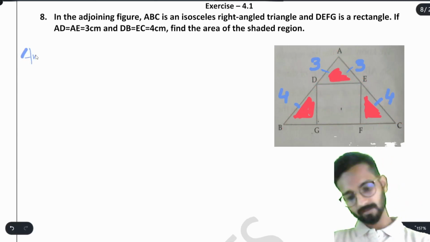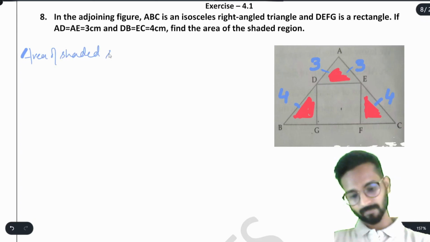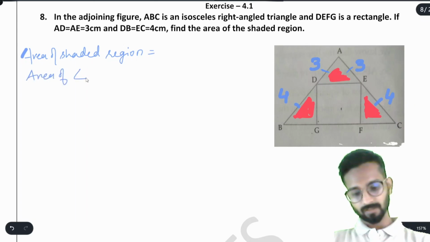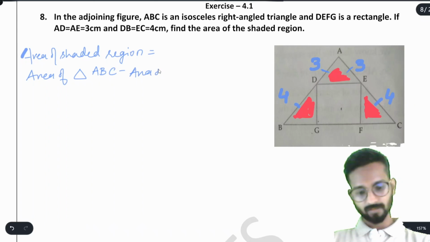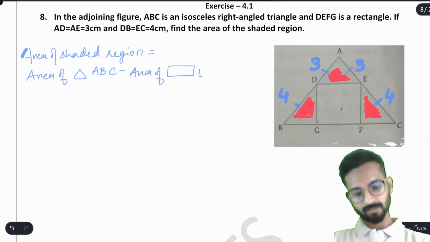So I can say area of shaded region is equal to area of triangle ABC minus area of rectangle DEFG.